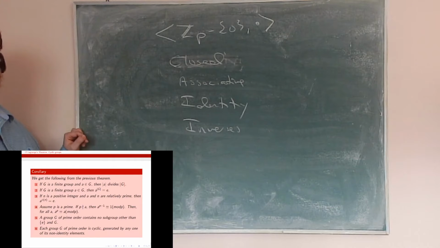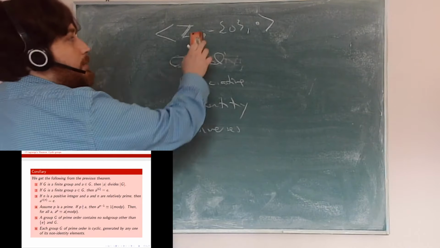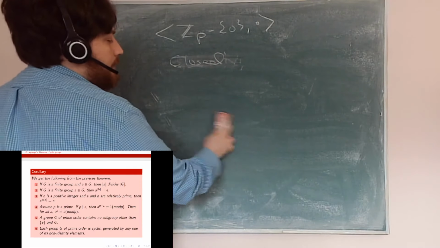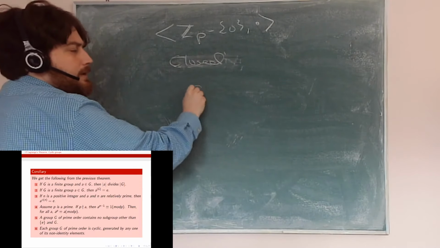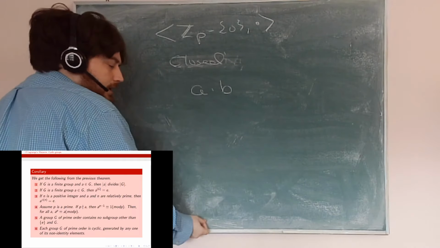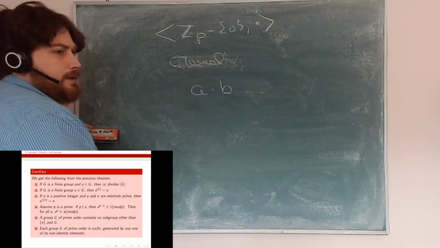All right, let's think about this. To be closed, what I have to show is that if I take the integers mod p and I take a times b, it has to be back in Z sub p.